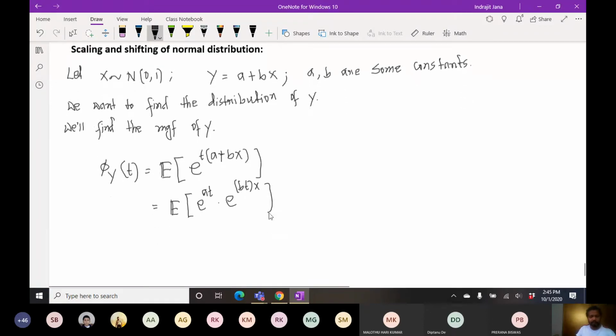Okay. Now, if you look at this thing, you will see that this guy is just a constant. This doesn't depend on x, right? This doesn't depend on x.